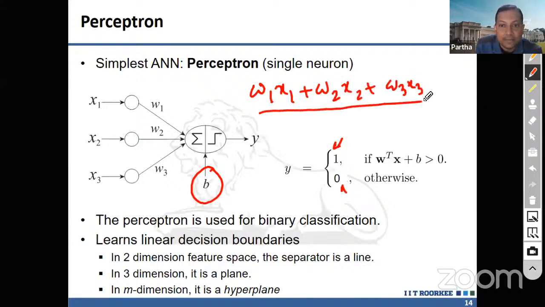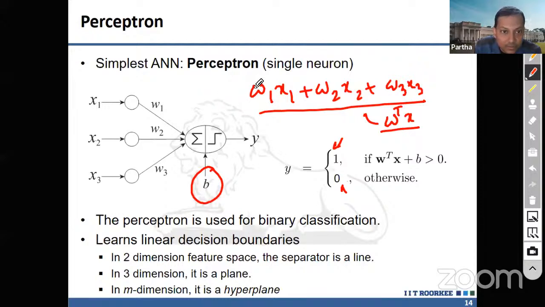This can be simplified with a simple equation, w transpose x. In vector notation, you can write that as w and x. If you expand w transpose x, it comes out as w1 x1 plus w2 x2, and so on. These are all dot products.